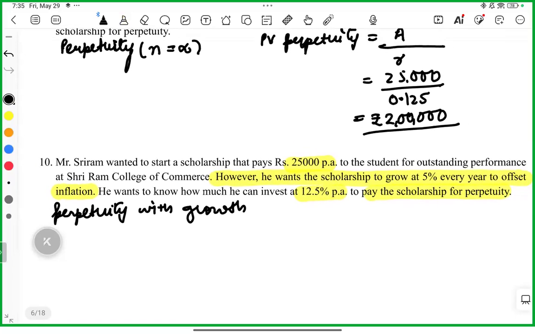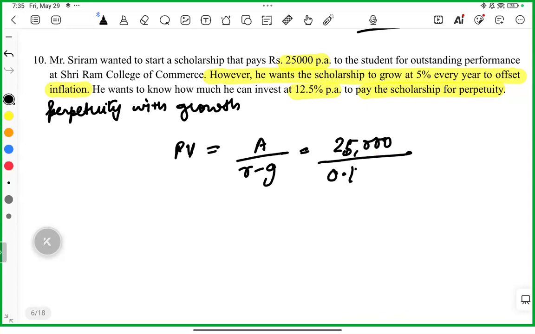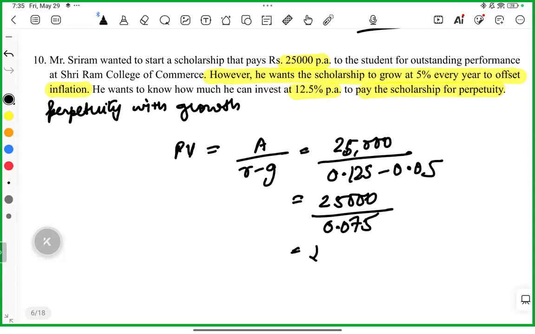The formula is present value of growing perpetuity is equal to A upon R minus G. A is equal to the first scholarship of 25,000, R is 0.125, and G is 5%. 5% is the growth rate. So 25,000 divided by 0.075, your answer would be 3,33,333.